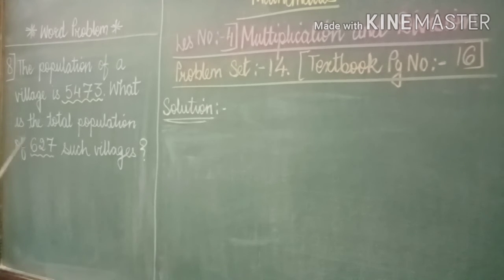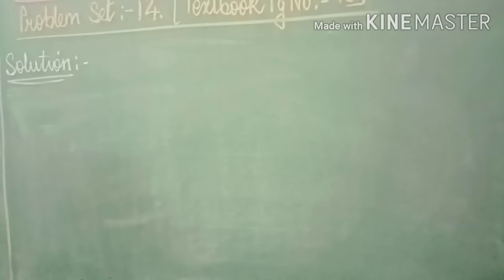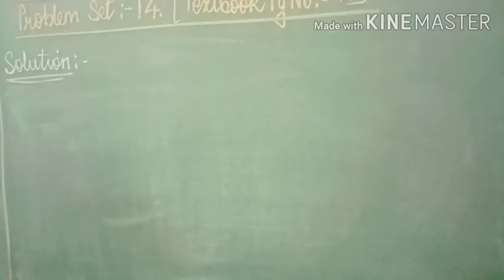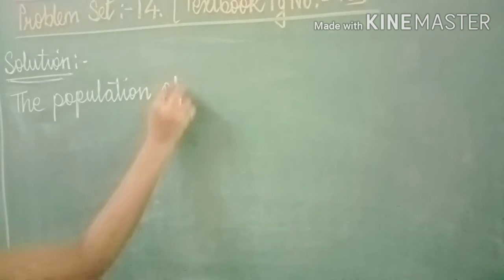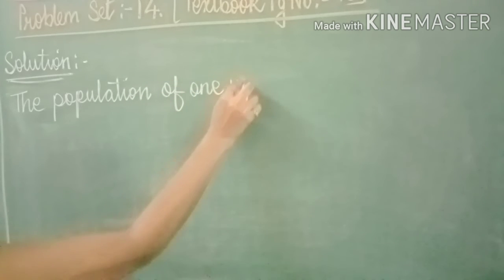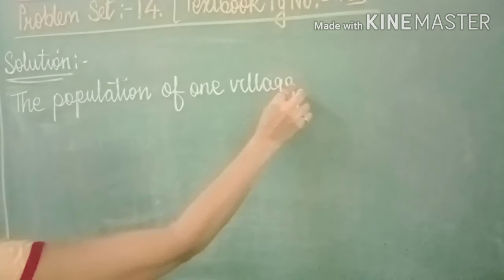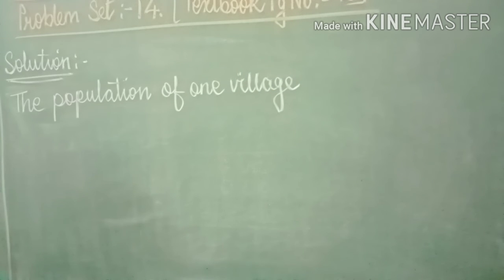As you can see, I have underlined 5,473 multiplied by 627 to find out the exact or total population of the villages. We are going to solve this word problem. The population of one village is 5,473.